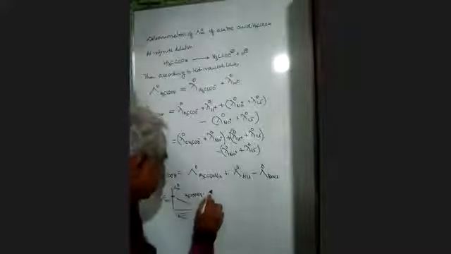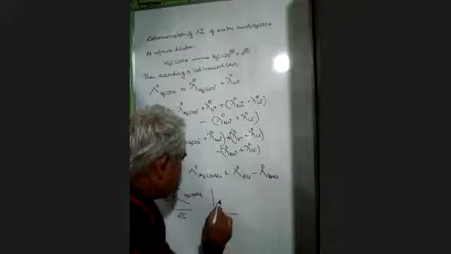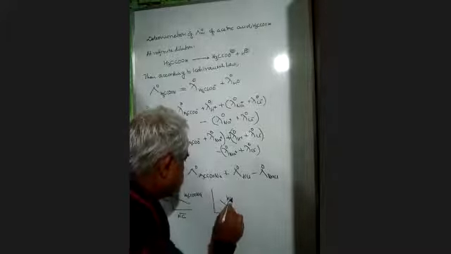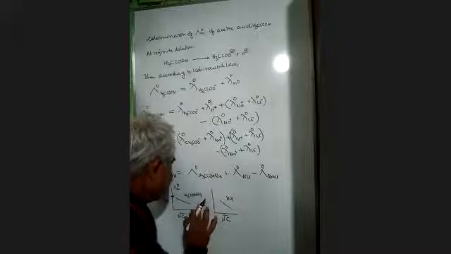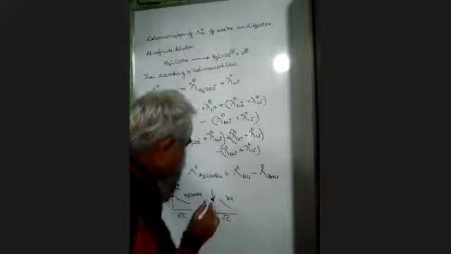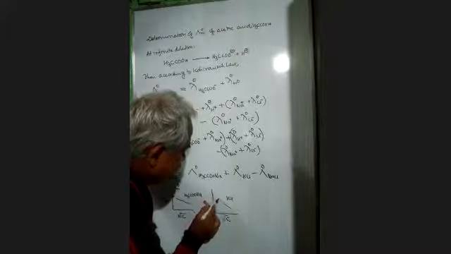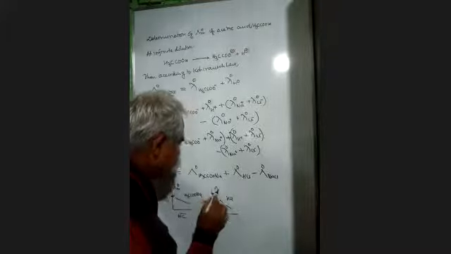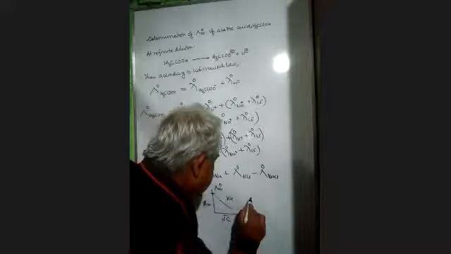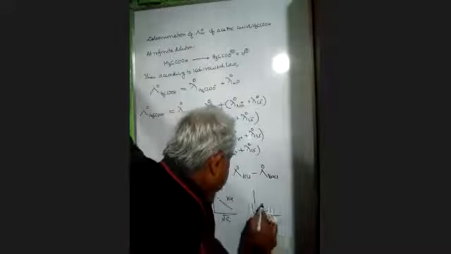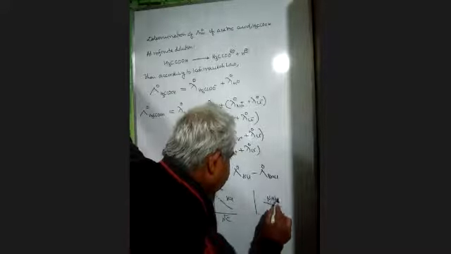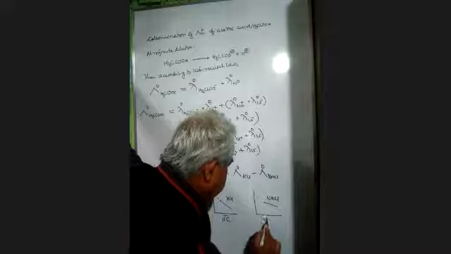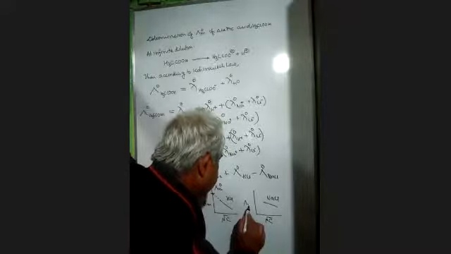Similarly, I will make a solution of HCl. Root over C, sorry, lambda m versus root C. Then with the help of a scale, I'll extrapolate. This is lambda m0 of HCl. Then I'll take sodium chloride, make a solution of sodium chloride, and do the experiment.